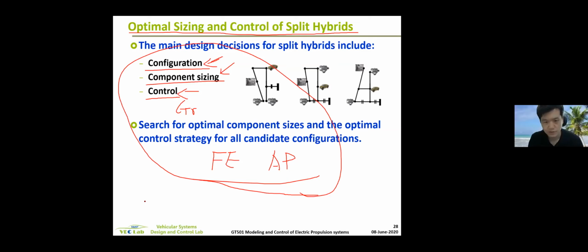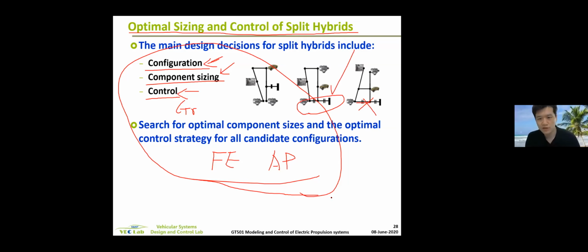And in the past, people have been tackling this large problem by reducing the problem, meaning they try to reduce the design space based on their engineering intuition or experience. So, if you connect this with this, then maybe we can operate this as a hybrid powertrain. So let's remove this, or if you connect this with this, I think this is going to be a good powertrain, so let's investigate.